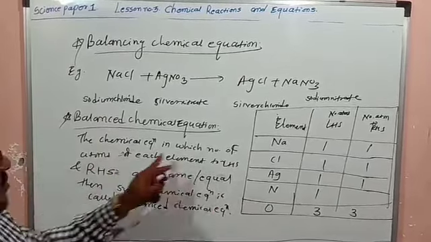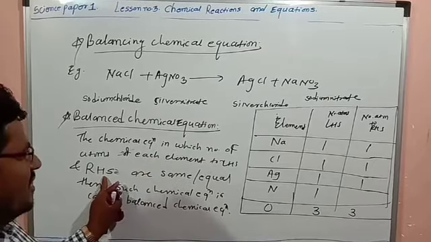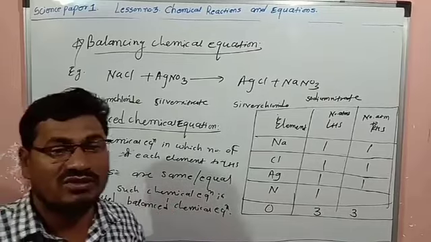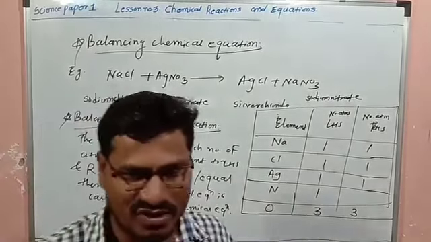The chemical equation in which number of atoms of each element to the LHS and to the RHS are same or equal, such chemical equation is called as a balanced chemical equation.